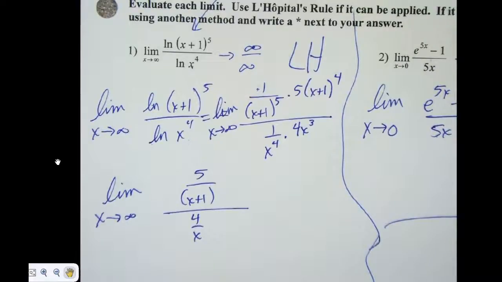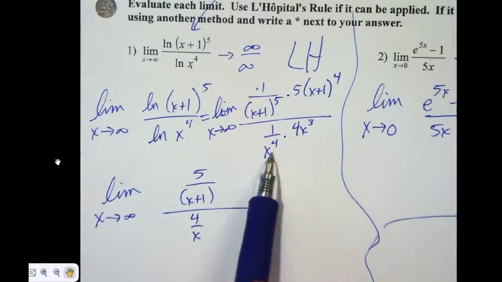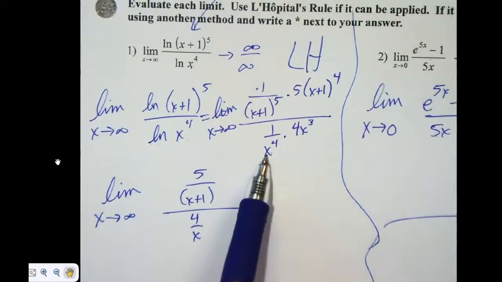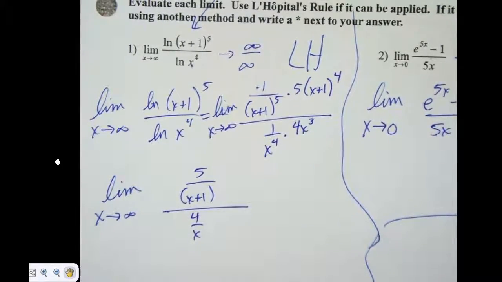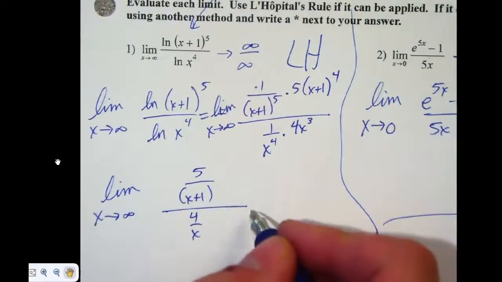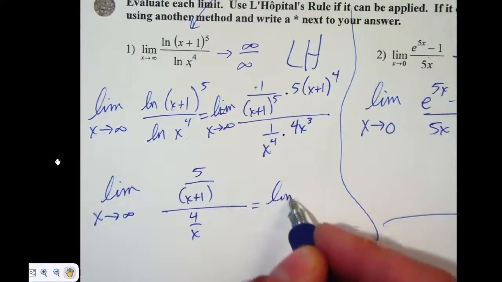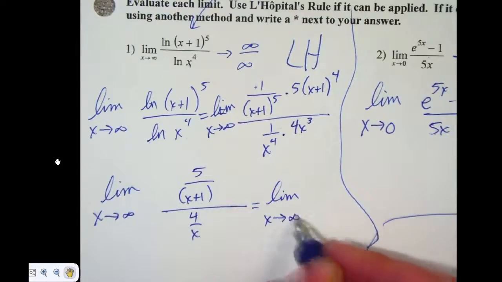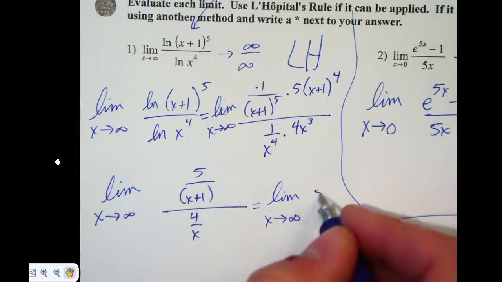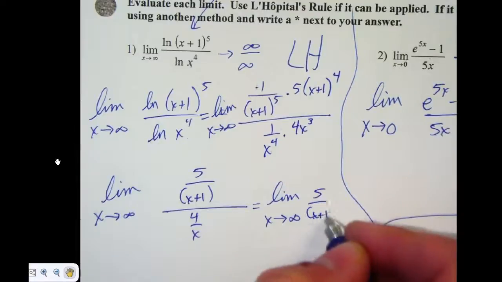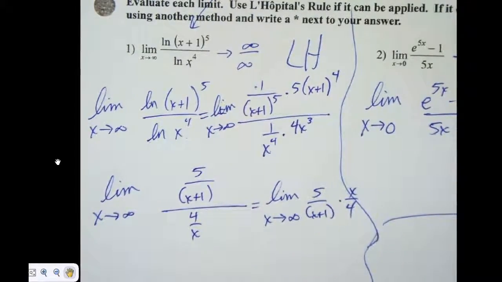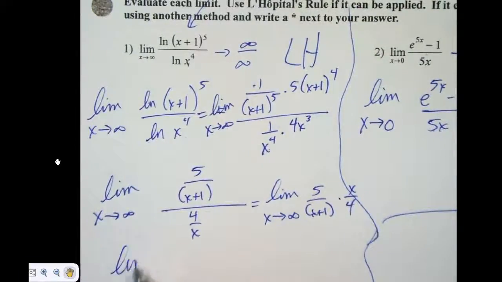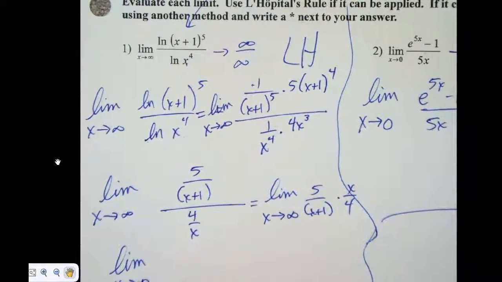Agree with me there? 4x to the 3rd over x to the 4th, so you're left with 1x on the bottom after you cancel, and that 4 is on top. And then we do not divide fractions, right? We invert and multiply. You still have to write all the limits. I haven't plugged in yet, so that limit still has to be there. That's the worst part about these problems.